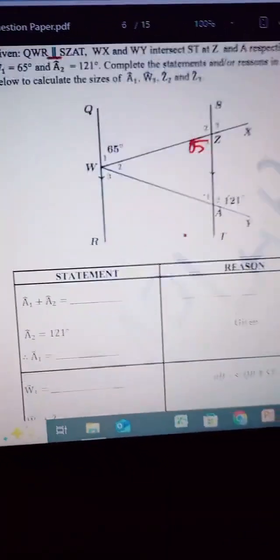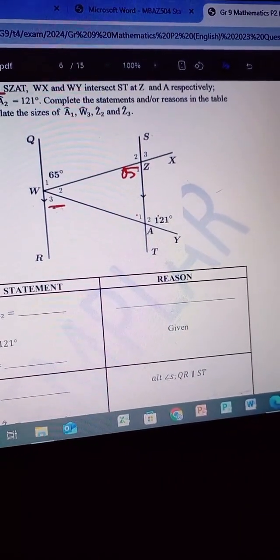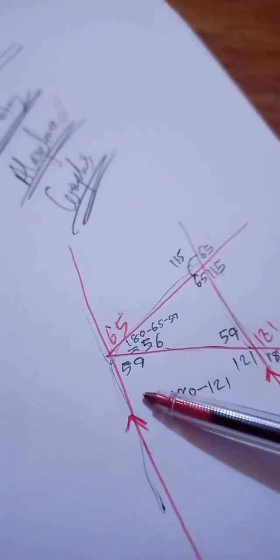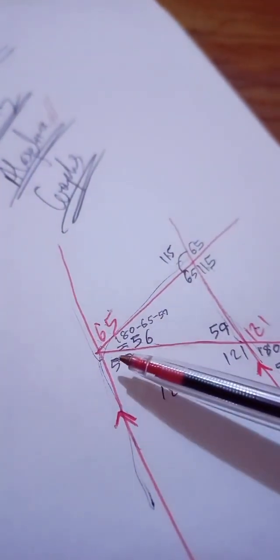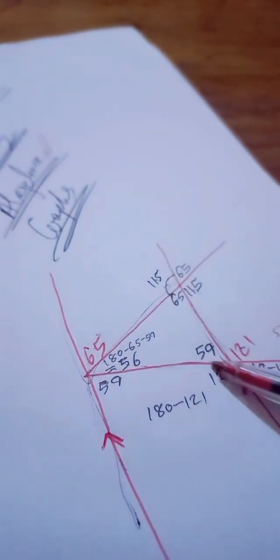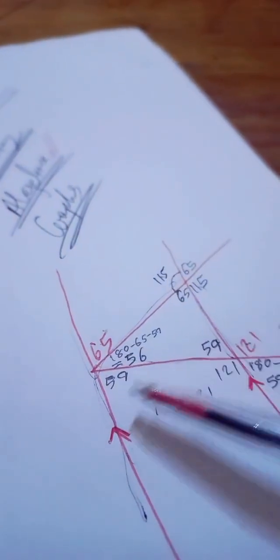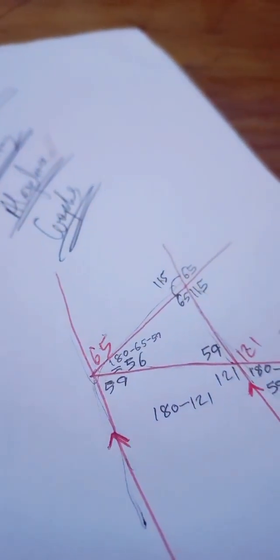W3, which is this angle. You come here, you already calculated your W3, 59. Why? Alternate to what? To A1, which is this angle. They are alternate angles, so this is 59 also.